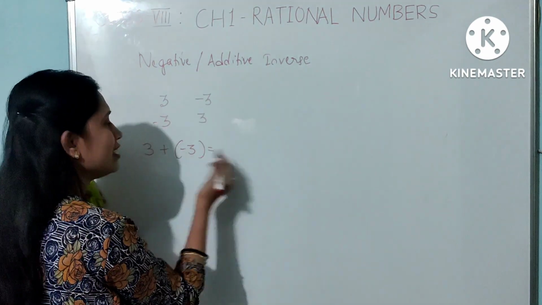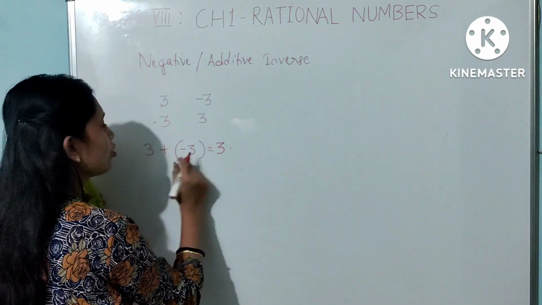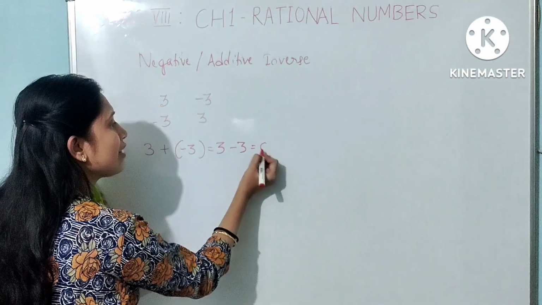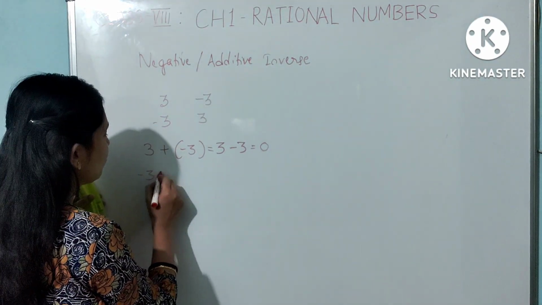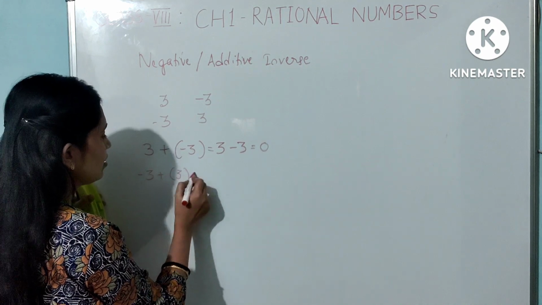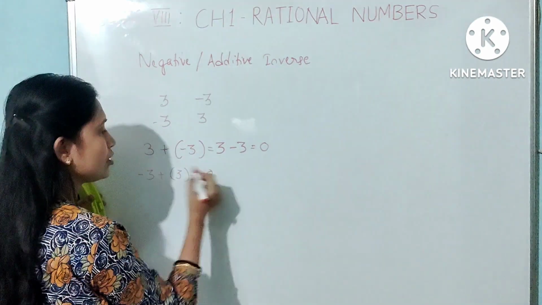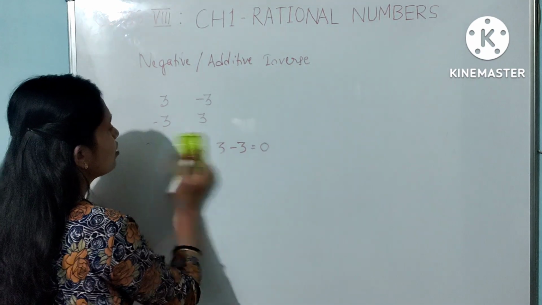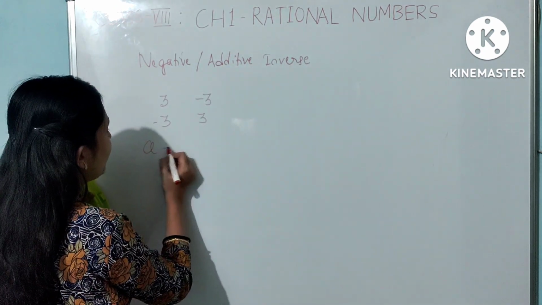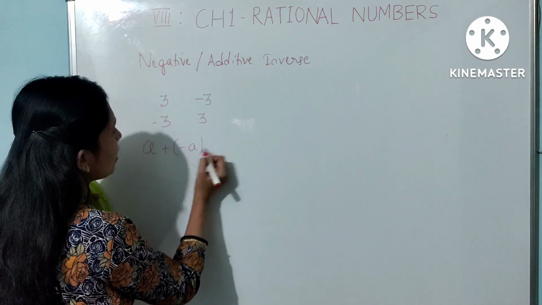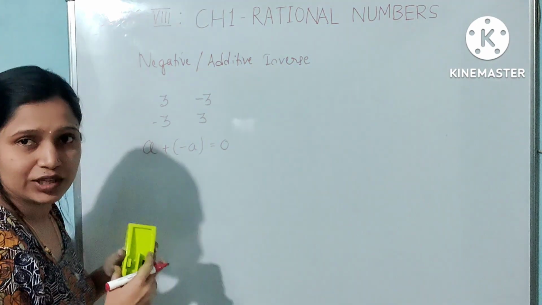Yes, 3 minus 3, you know, right? The value is 0. If you do minus 3 plus 3, again it's 0. So a plus minus a is equal to 0.